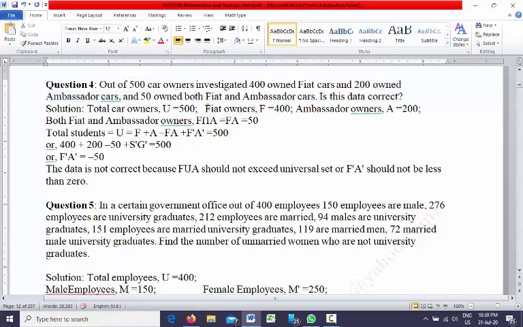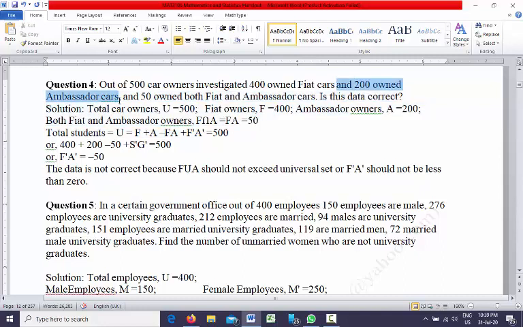So let's denote Fiat owners, the owners who own a Fiat car, as F, which is 400. So set F is 400.